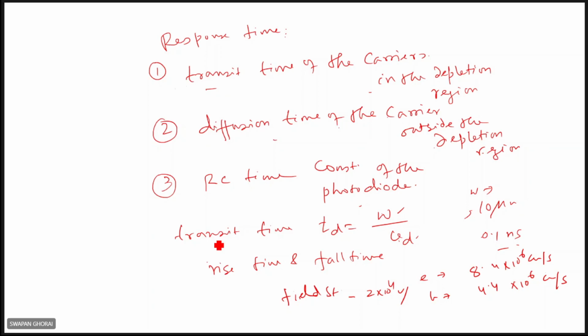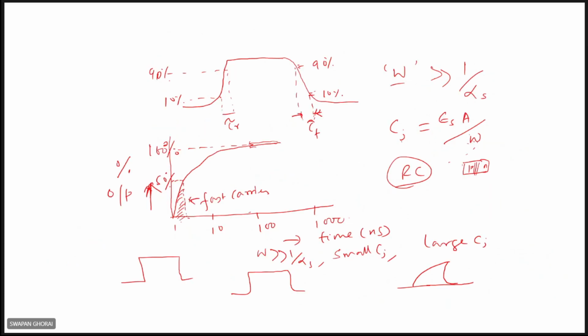Another factor is the diffusion time of the carriers. I told you the diffusion process is a slow process. So while designing the photodetectors, the aim should be to design them in such a way that all the photons are absorbed in the depletion layer. In fact, the response time is determined by the rise time and fall time of the detector output.